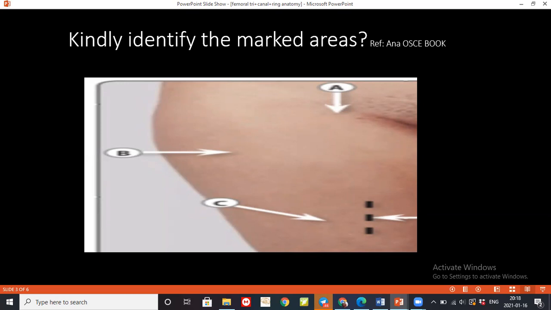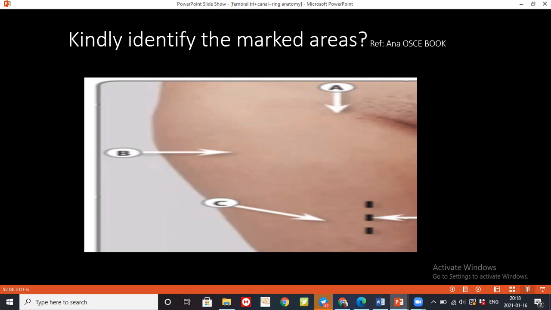And then we have inguinal lymph nodes, the deep and the superficial. We have as well the great saphenous vein, the lateral cutaneous nerve of the thigh, and the femoral branch of the genitofemoral nerve.